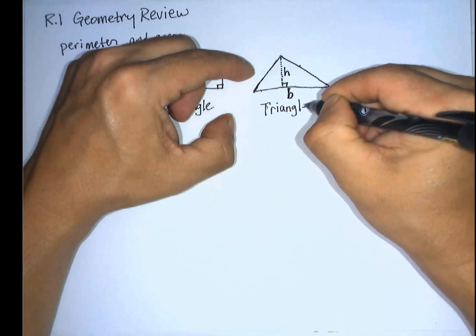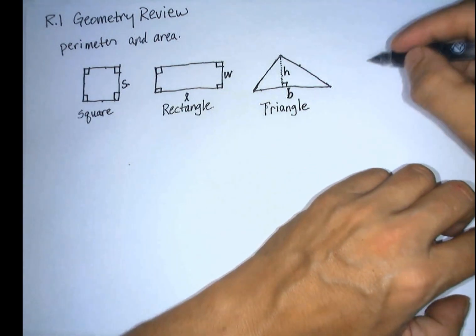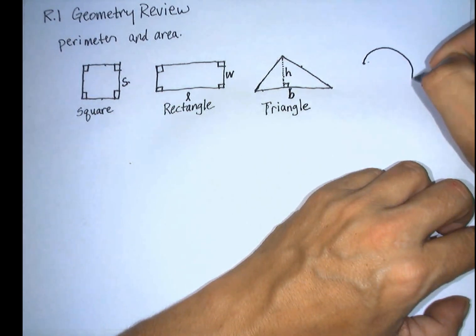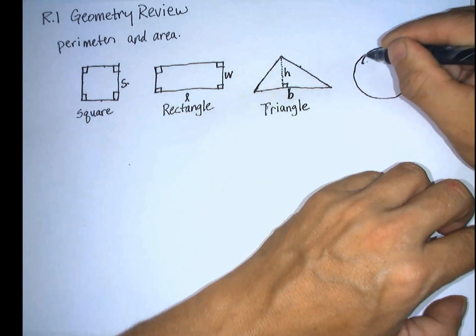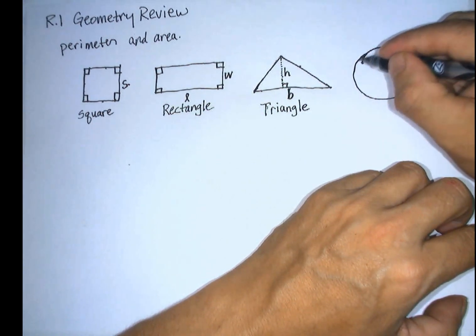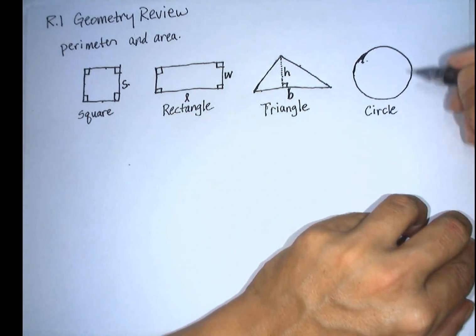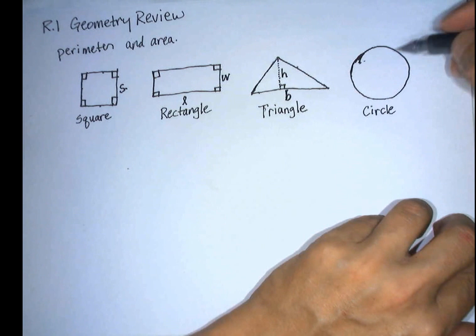And we'll talk more about triangles in the next course in geometry. But for now, we're just going to keep it fairly simple. And this one is unique because it doesn't have a perimeter. And I'm going to try to draw a nice, good, perfect circle here. This is a circle. The distance around the circle is not the perimeter, as we'll learn. It is called the circumference.